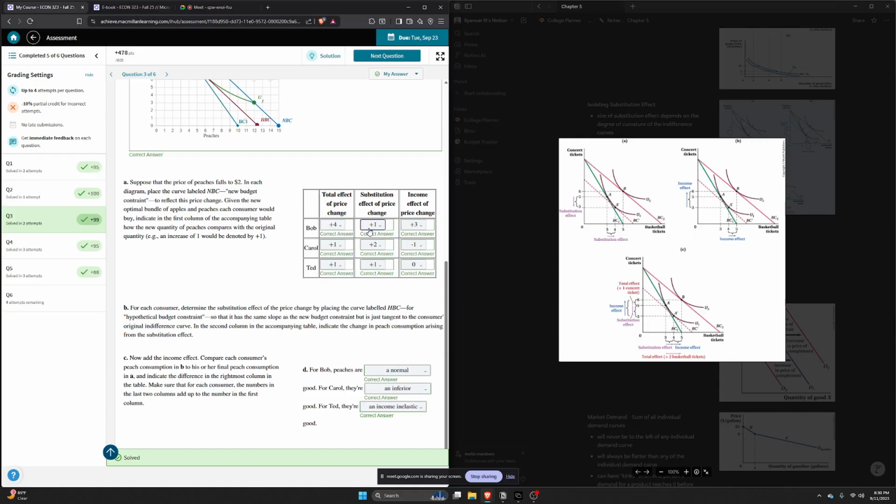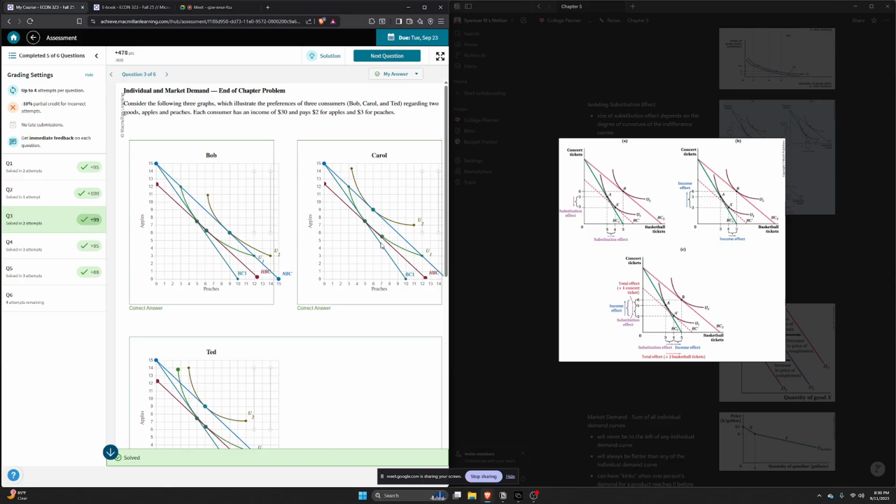But remember that's total effect. So to find the substitution, we have to remember this. It's the change from A to A prime. So you figure out what A prime is. It's on the same utility curve, but it's not touching BC1.